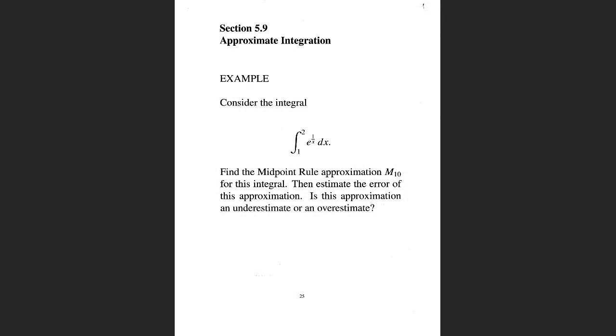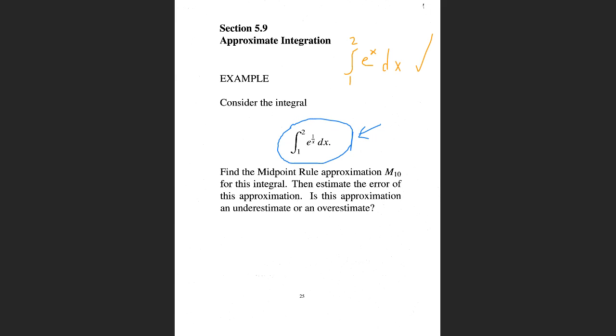So here's an example of an integral that you cannot determine exactly. If you had the integral from 1 to 2 of e to the x dx, well, you could determine that integral exactly, right?